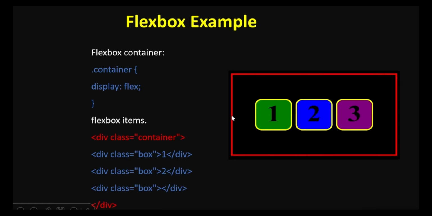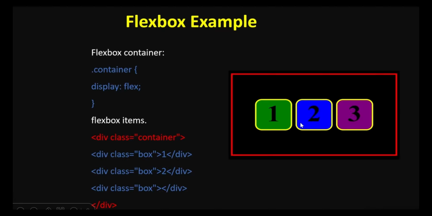While box 1, box 2, and box 3 are actually div 1, div 2, and div 3, these are the Flexbox items. So for Flexbox, we need a container and then its items, and we apply the display flex property on the container.